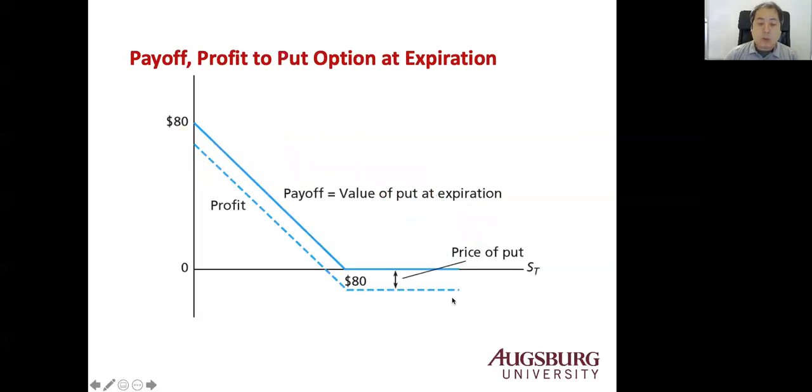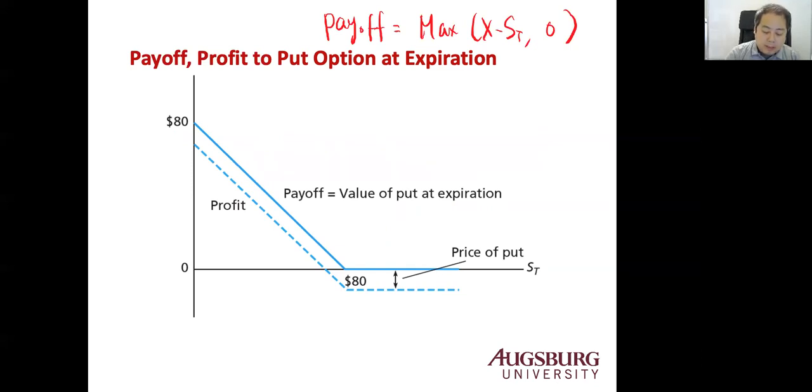And then what about the put option? The put option payoff is max of X minus ST and 0, right? The holder wants the price of the asset to decrease so that they can sell the lower-priced asset at a higher price, right?